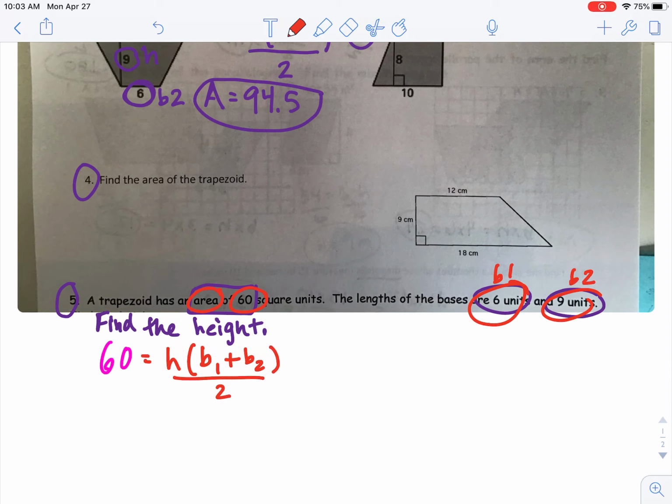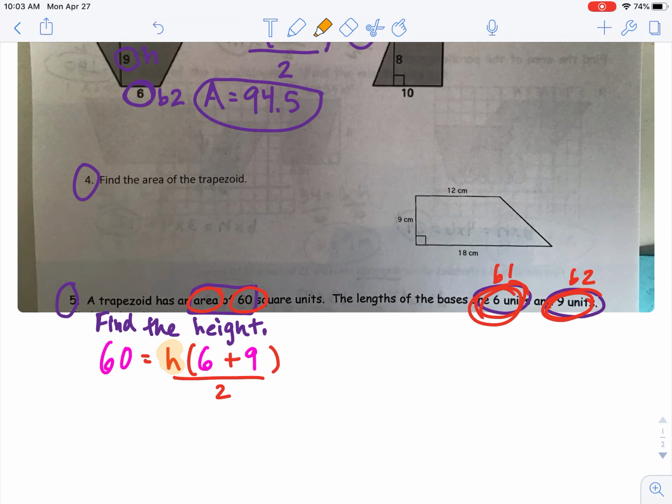And I'm going to replace B1 and B2 with 6 and 9. So I'm going to erase those and replace them with 6 and 9. And now I have a formula that I have to work backwards to figure out what h is. That's what I'm looking for.